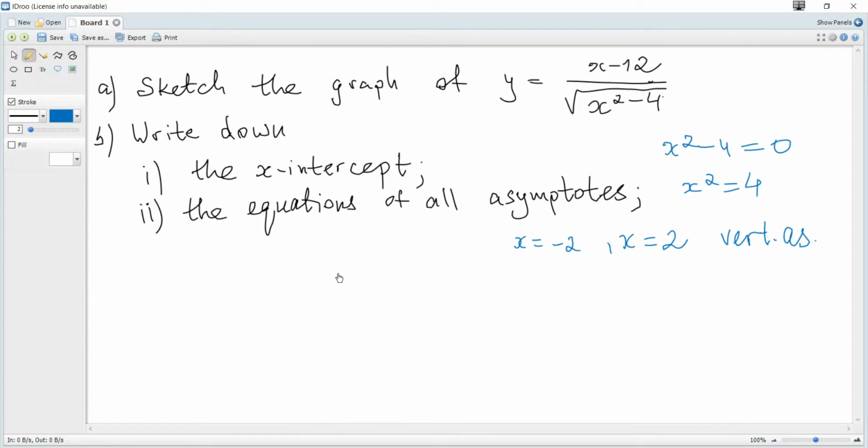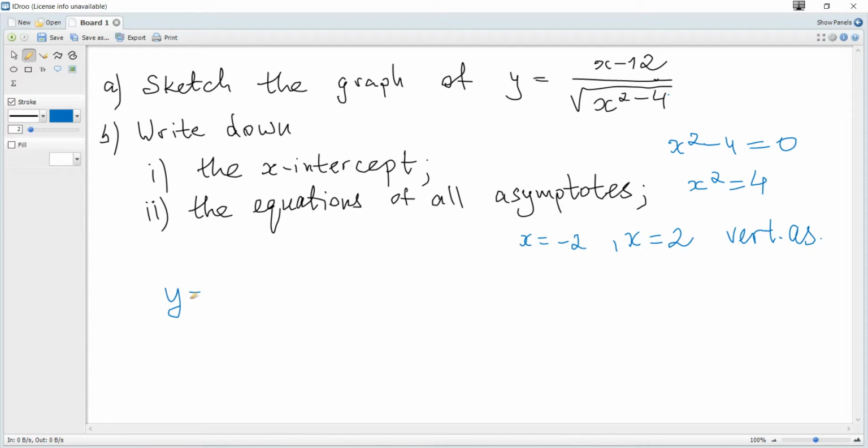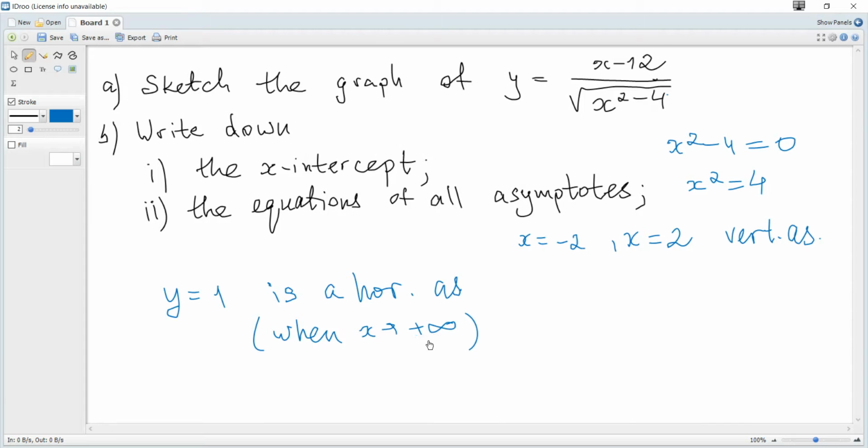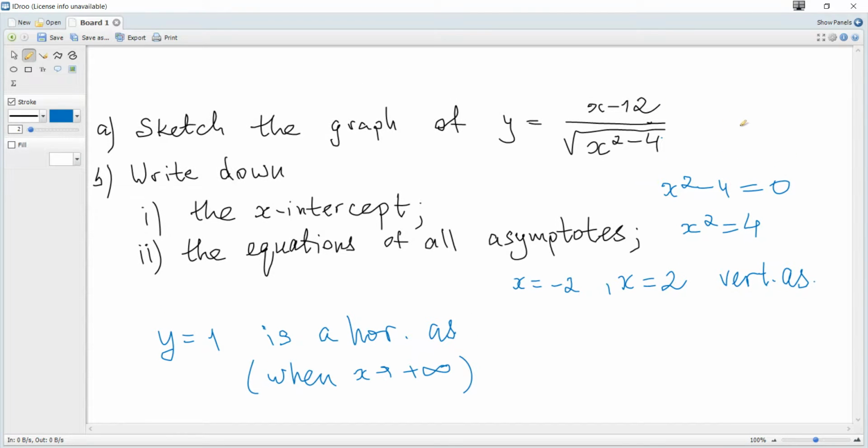So y is 1 is a horizontal asymptote when x tends to plus infinity. Why I write x tends to plus infinity, because it's an example when there are two horizontal asymptotes and they are different when x tends to plus infinity and to minus infinity.